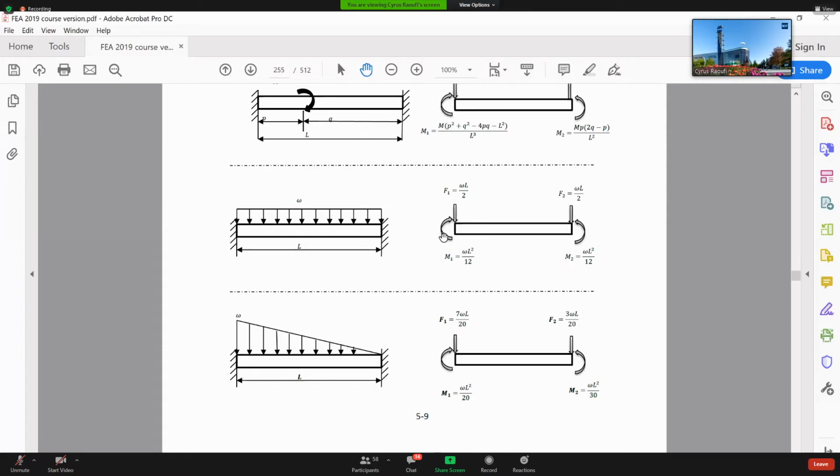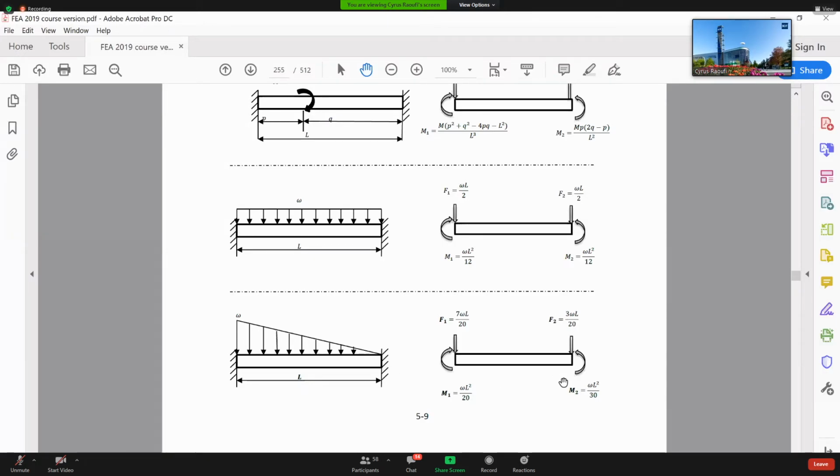In your textbook, you have the proof for that one, if you are interested in how we move from here to here and how you can find those nodal forces and moment. You can do the same procedure when you have another loading, like a linear distributed load. Here is 0, the other side is omega.